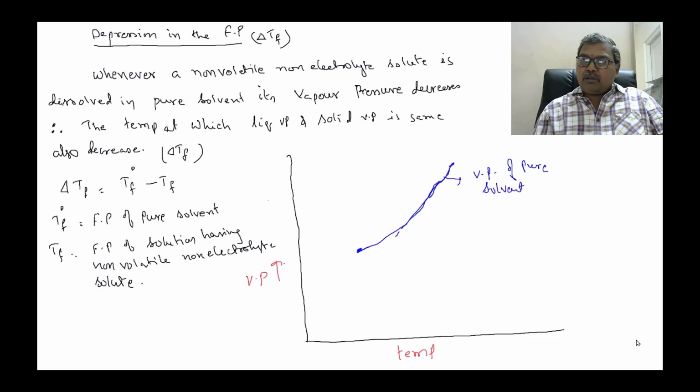It changes into solid state. The vapor pressure shown by solid is negligible and it is almost constant, like this. So here liquid and solid are in equilibrium position.